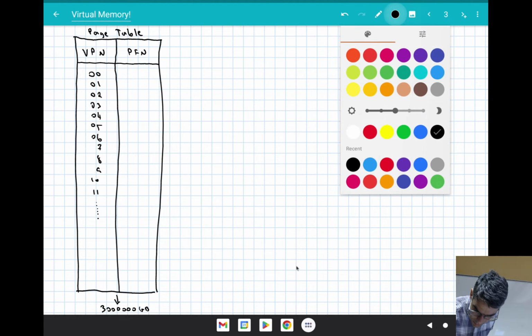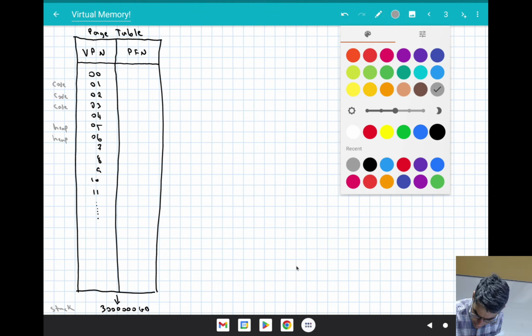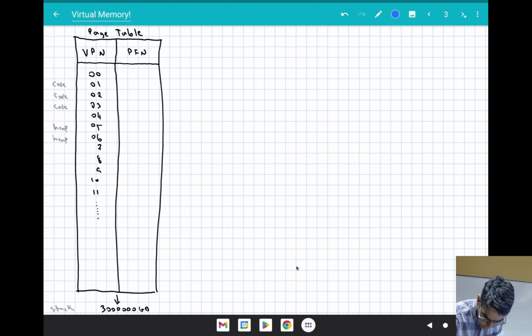These are going to be things like, this is the code section. And this is my heap. And then way down at the bottom somewhere would start to be the pages that represent my stack. In my page table here, what I'm going to have are page frame numbers for each of the pages that's in my address space.